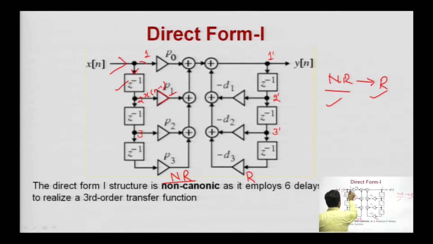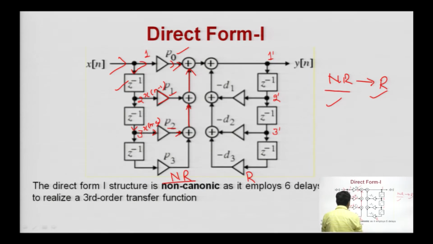Similarly, your input goes to the adder with the coefficient P0. Again your signal is delayed by one sample and you get x of n minus 2, and it goes through this multiplier P2 and is added through this adder.